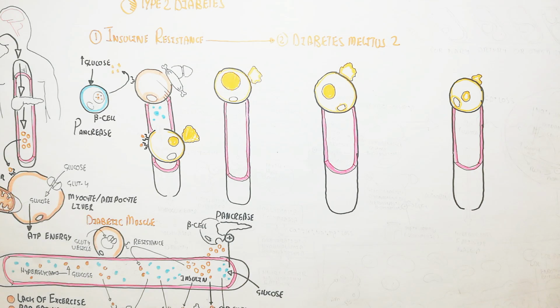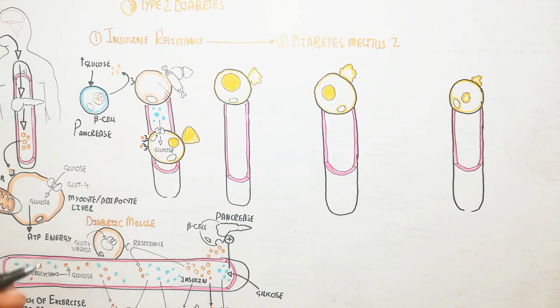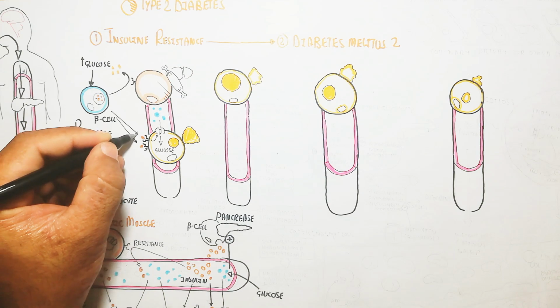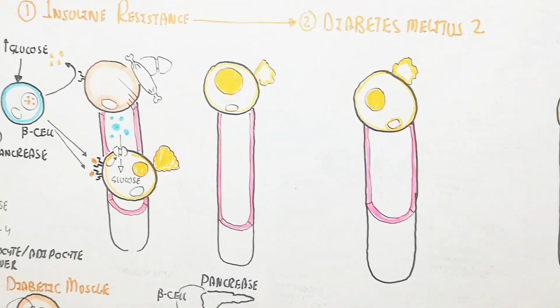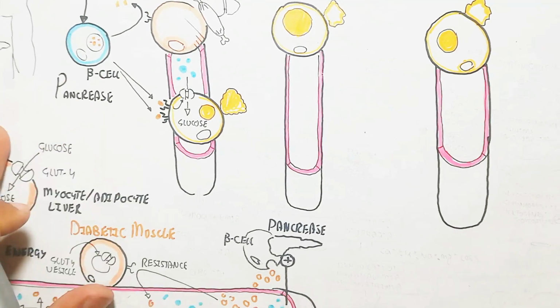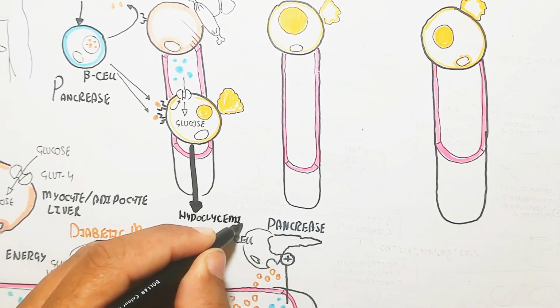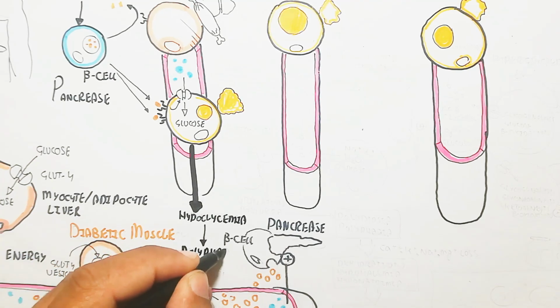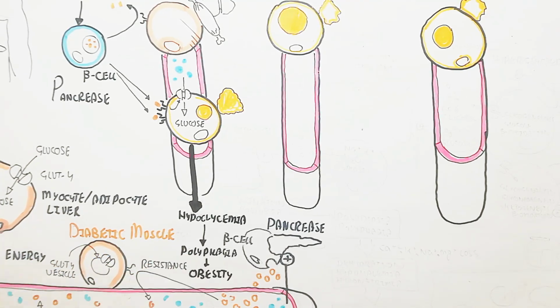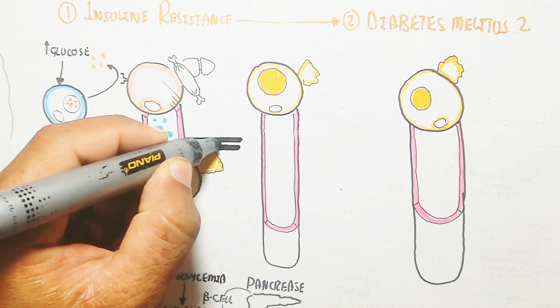Glucose will enter more into the adipocyte, because in the pre-diabetic person insulin prefers it over the muscle. In this way the fat will develop, and hypoglycemia will occur sometimes because more glucose moves inside, leading to polyphagia and obesity.